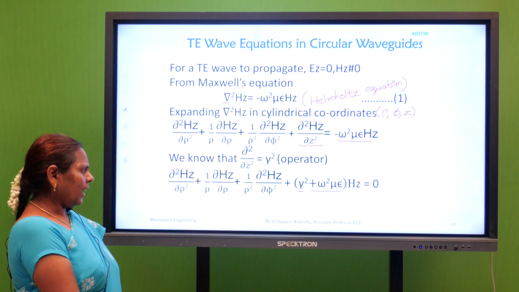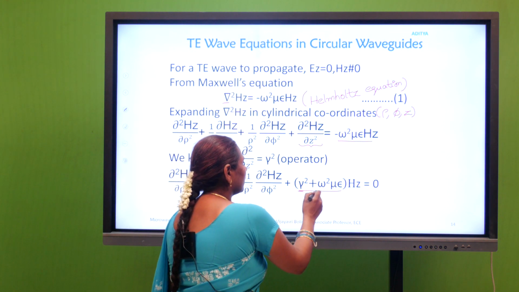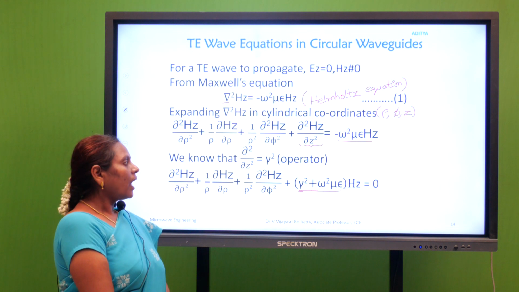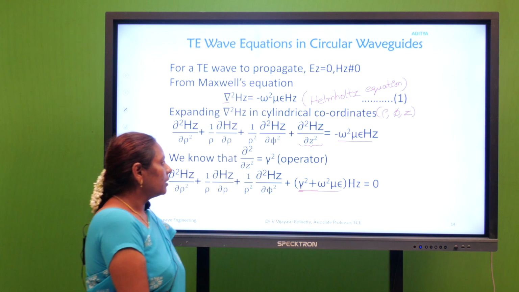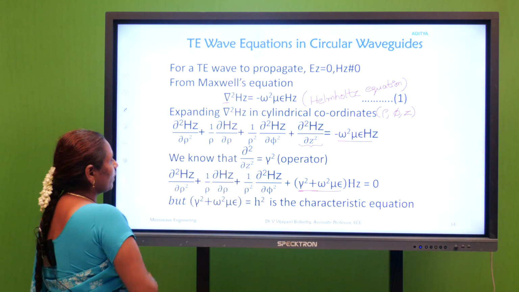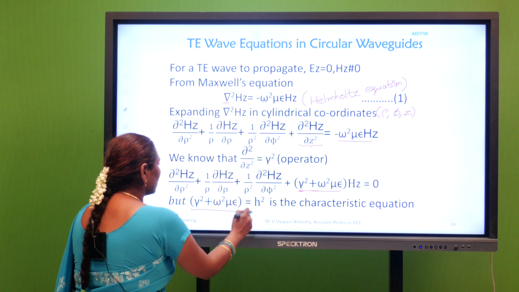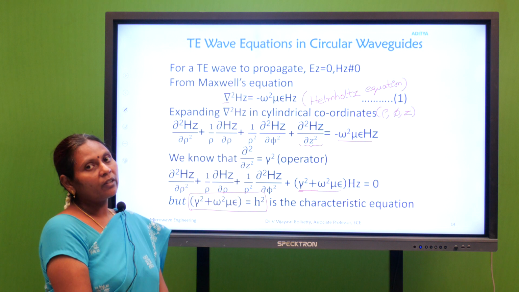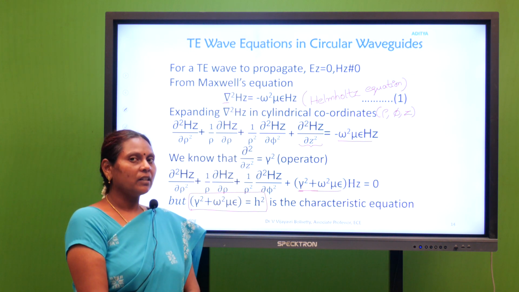We have considered gamma square plus omega square mu epsilon as equal to h square, as in rectangular waveguides. Of course, here also we take it as equal to h square. So this is the characteristic equation, and from it we are going to derive the cutoff frequency, and from the cutoff frequency we can find the dominant mode and degenerate mode.